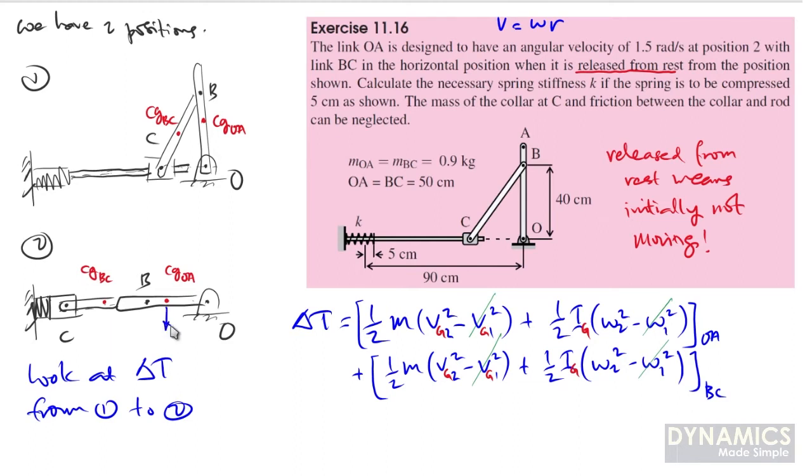So we have the path of motion for the CG of OA, and this is the velocity of the CG of OA, at 90 degrees with respect to the radius. This will be equal to omega OA times the radius, which is given by 0.5.